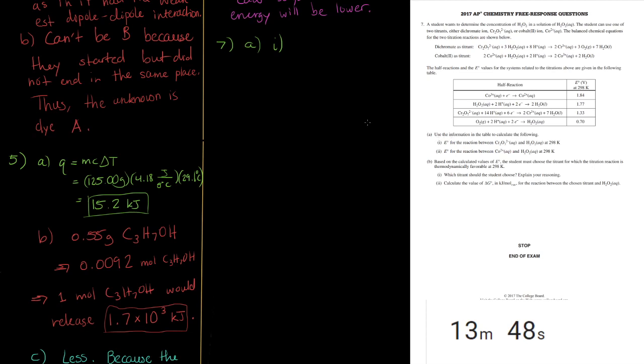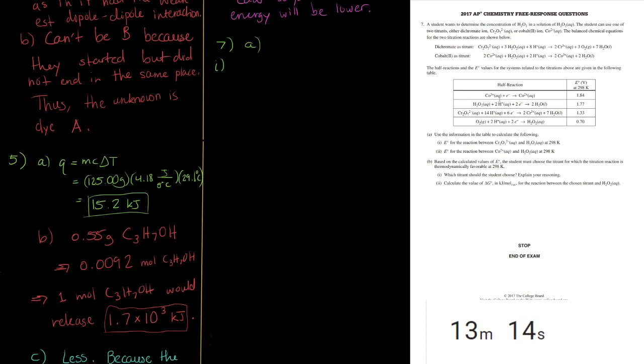Cool. So I'm going to write this down here just so we have more space. The reaction of this chromium. So let's look at the chromium equation. It looks like we have 3 hydrogen peroxides going in along with 1 dichromate. So where do we have the hydrogen peroxides going on?